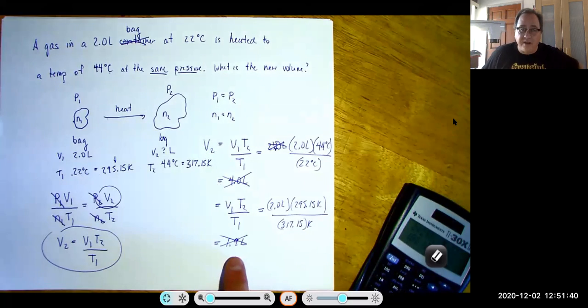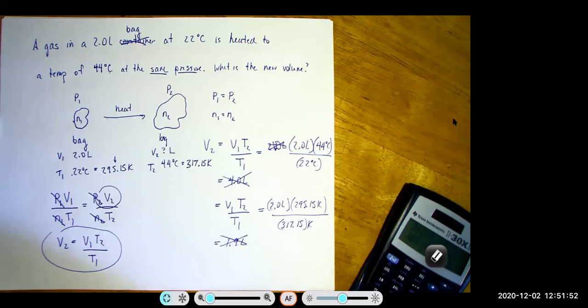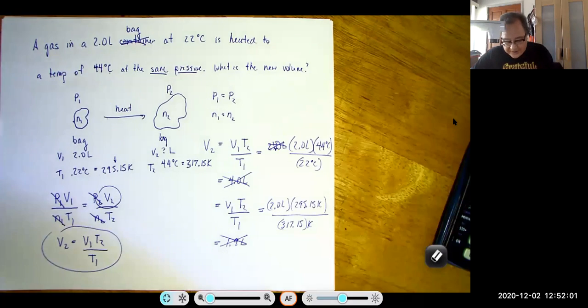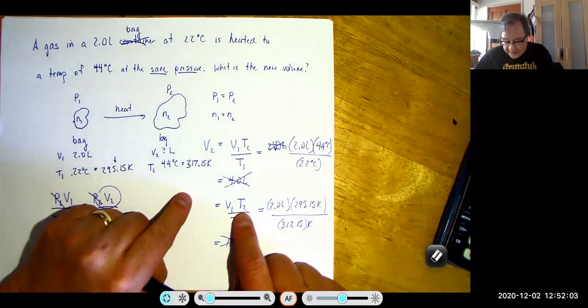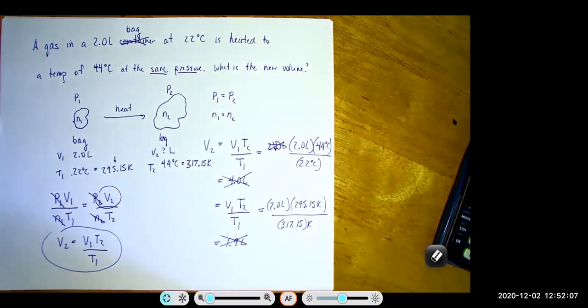Who would like to tell me why this answer is wrong? Is it because it's less than the 2 liters? Or is that not it? How about because T2 is 317, not 295? Oh, I didn't see that.